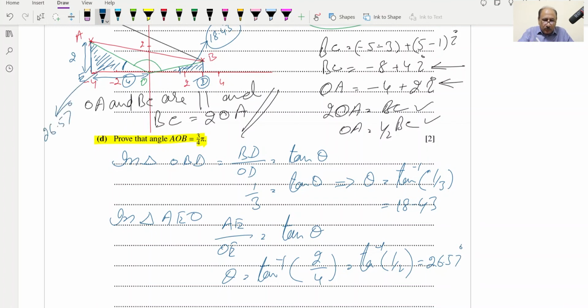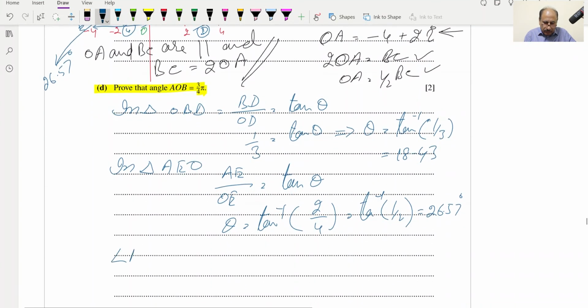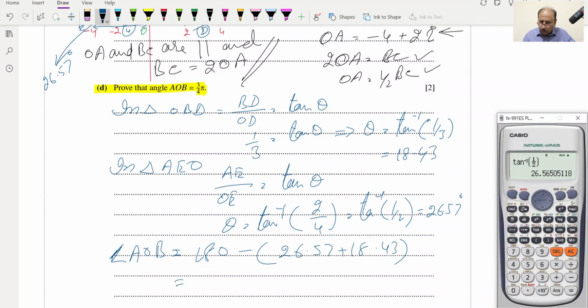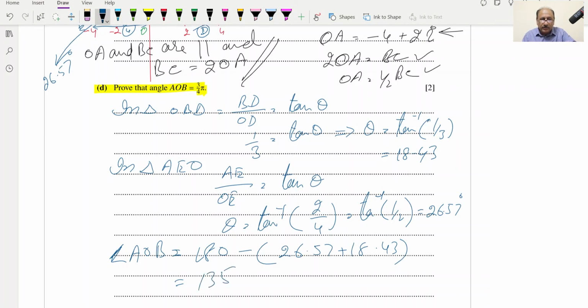So this angle is 26.57 degrees. Now our required angle AOB is what? Angle AOB will be equal to 180 minus these two angles, 26.57 plus 18.43, which is 180 minus 45, equal to 135.